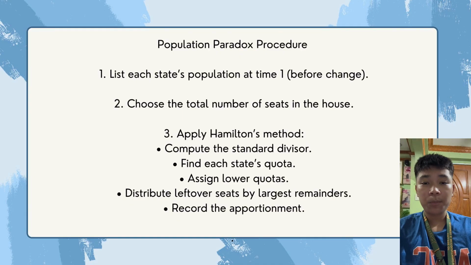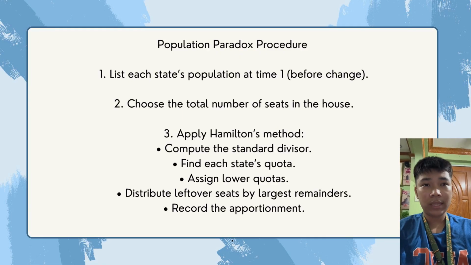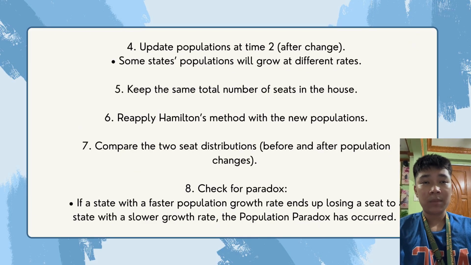Step 1: list each state's population at time 1. Step 2: choose the total number of seats in the House. Step 3: apply Hamilton's method. Compute the standard divisor, find each state's quota, assign lower quotas, distribute leftover seats by largest remainders, and record the apportionment. Step 4: update populations at time 2. Some states' populations will grow at different rates.